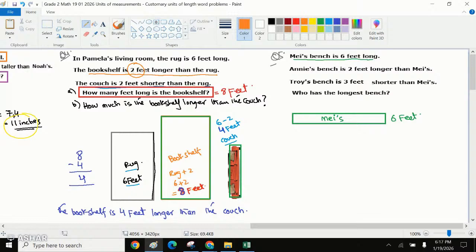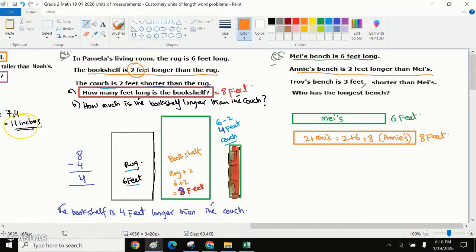Annie's bench is how much? 2 feet longer than May. So we can say 2 plus 6, and 2 plus 6 would be 8 feet. That is Annie's bench. Agreed?